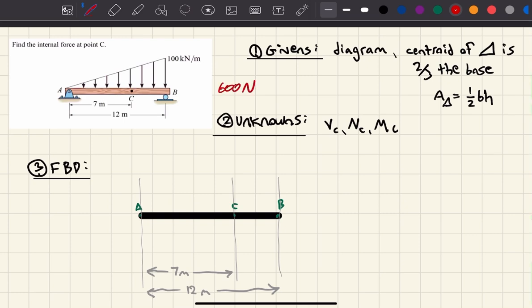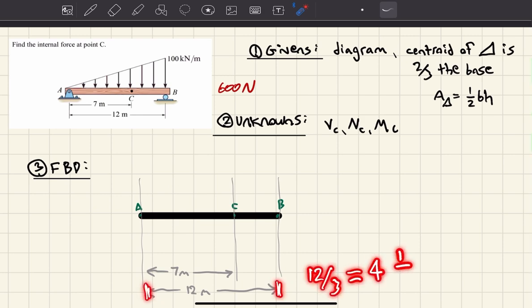Where does it act though? It acts at the centroid of the shape. It acts 2/3 the base. What's 2/3 the base? If I divide 12 by 3 parts, that gives me 4. This is 1/3 the base. If I do 2 of that, I get 8.